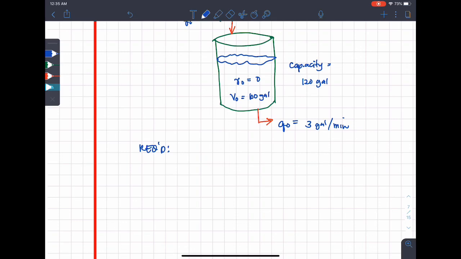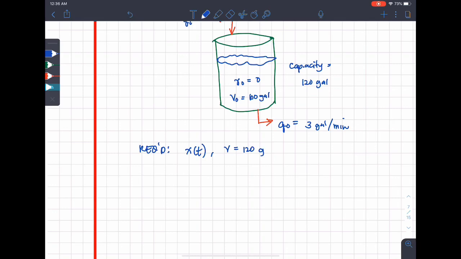So what would be the amount of salt at time t? We do not know when it will overflow, but it will overflow when our final volume reaches 120 gallons of mixture.